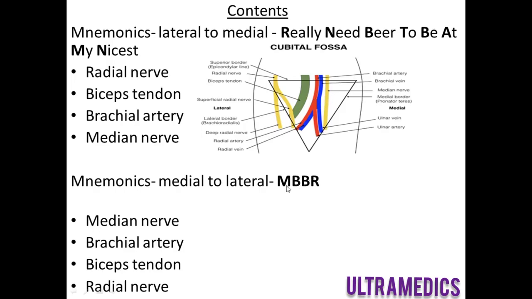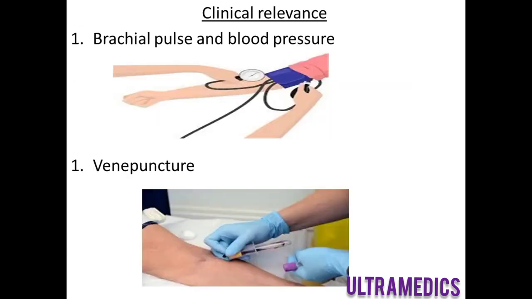Then from medial to lateral, we can use this mnemonic MBBR. M stands for median nerve, B stands for brachial artery, the second B stands for biceps tendon, and R stands for radial nerve. Let's look at some clinical relevance: the brachial pulse and the blood pressure.